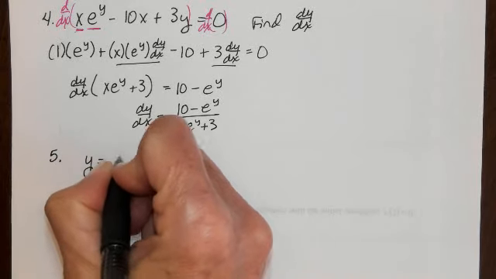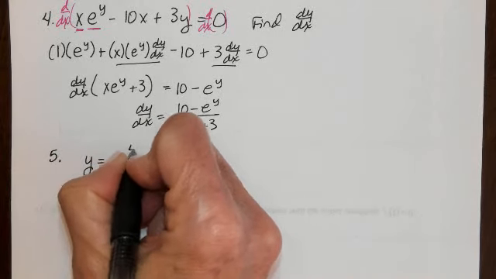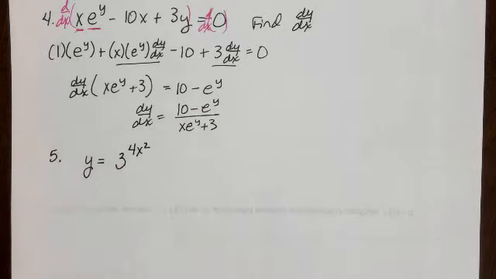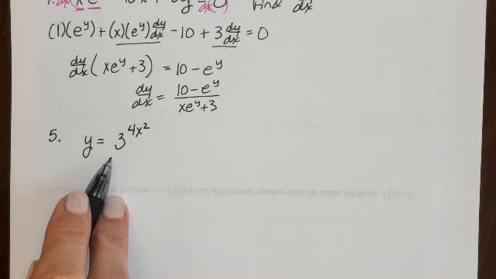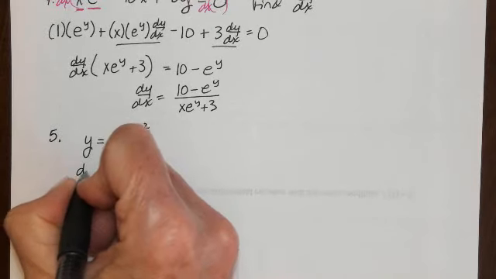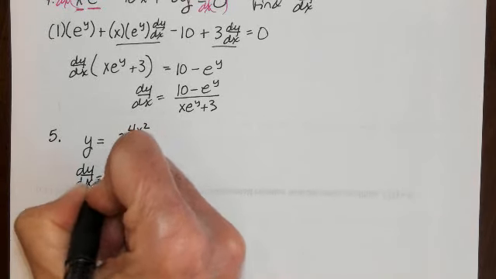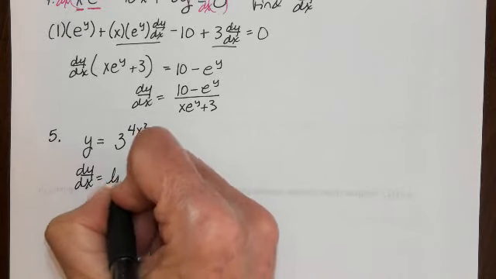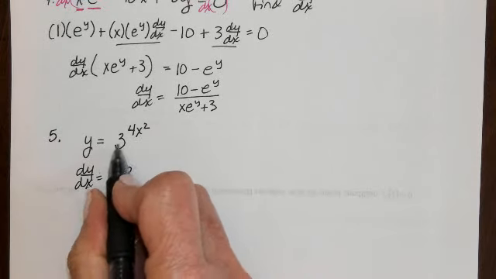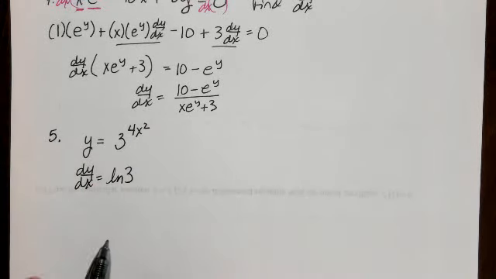What about this one? Y is equal to 3 to the 4x squared. It's not an e, it's a 3. If it's not an e, I know I need to multiply by that ln of 3. Multiply by ln of whatever that base is.